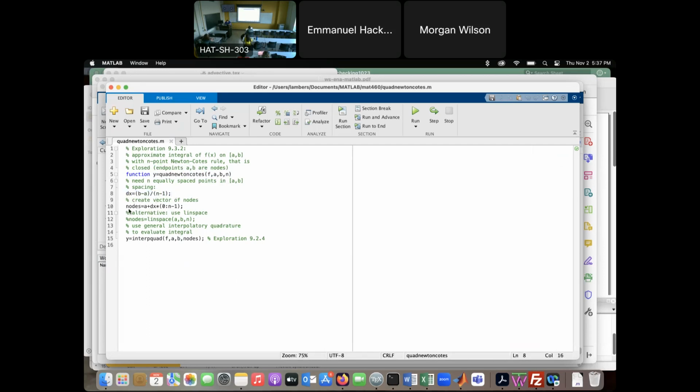Then I get a vector of all the nodes where I take the first node, which is a, and then I take the spacing times a vector of indices, 0 up to n minus 1. So this will give me a row vector consisting of a as the first element, b as the last element, and equally spaced interior nodes in between.